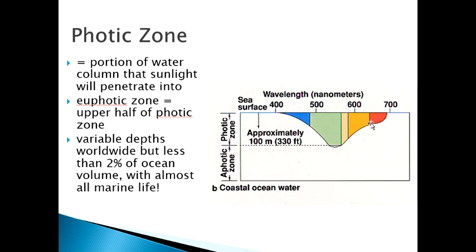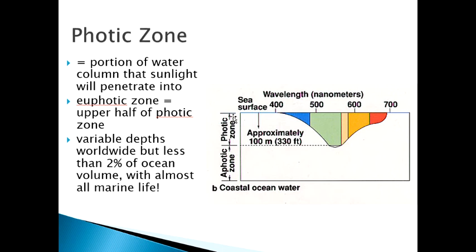The blues, the reds, some of the warmer colors don't go all the way down in depth, but even some of these limited transferences of wavelengths are enough for photosynthesis for some species.